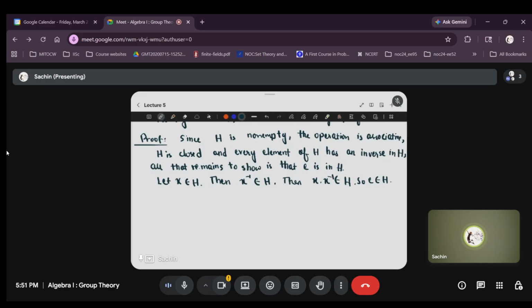It just reduces a little bit, maybe that's all. Maybe not even that, because sometimes to show H is non-empty, we show that the identity is in the subgroup. So then it's almost the same as showing that H is a group. That's why the one-step subgroup test is better.